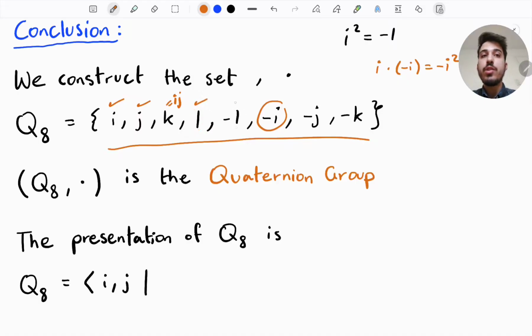Minus 1 is just i squared. Minus i is just i cubed, and likewise j cubed. All of the elements can be covered by i and j.